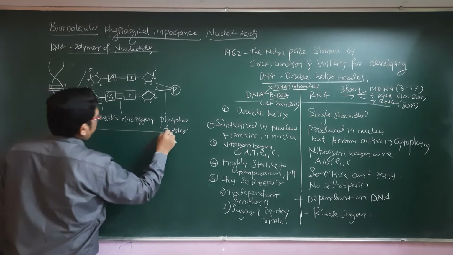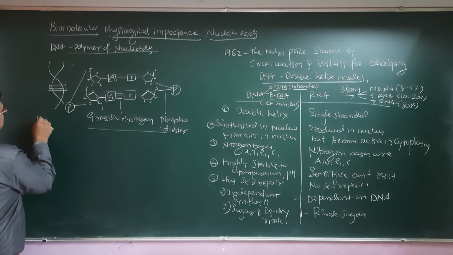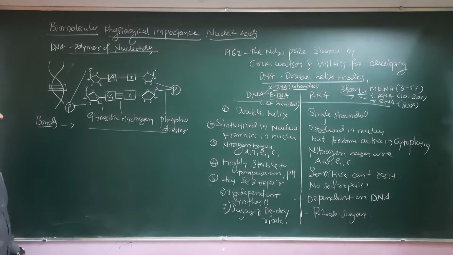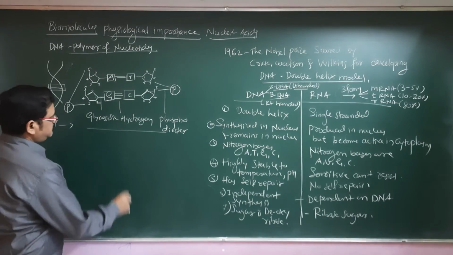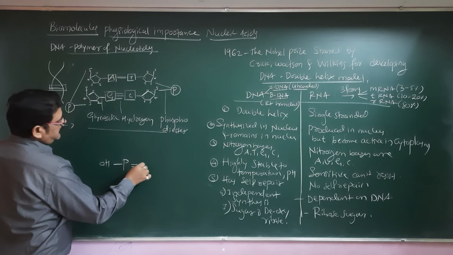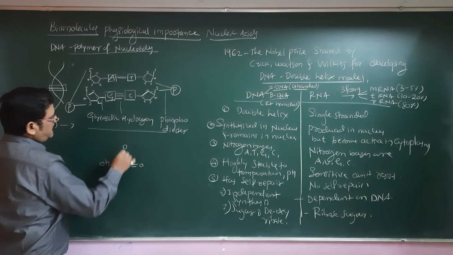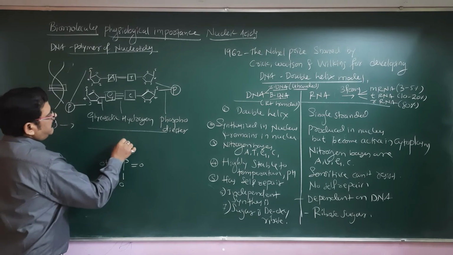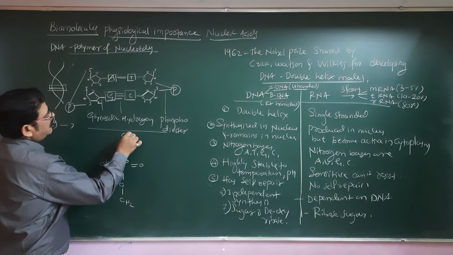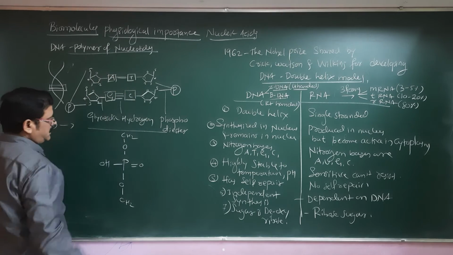So these are the different bonds that can be seen in the DNA. Mainly the phosphodiester bond is a phosphate group with the OH here, a double bond O here, one O here, one O here. Further it is connected with the next CH2 group of the next sugar.